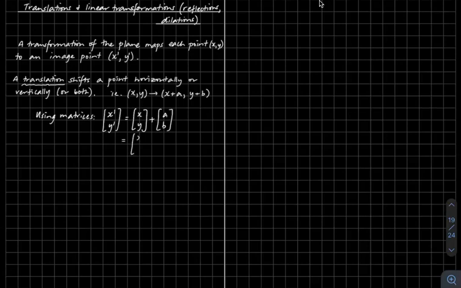So if we added those together, we'd have x plus a and y plus b. So the image point x dash would equal the original point x plus a, and y dash would equal the original coordinate y plus b.